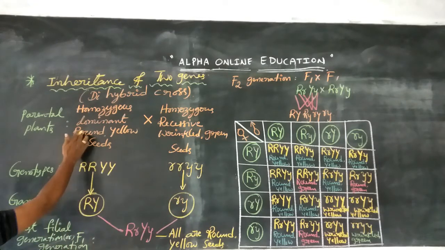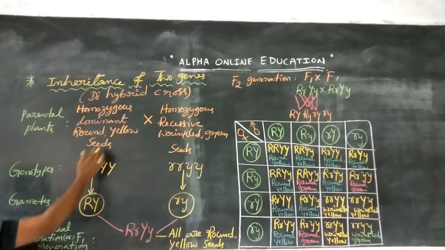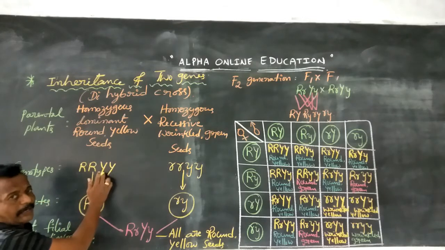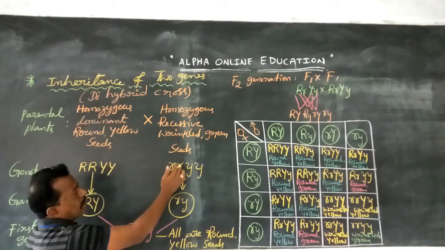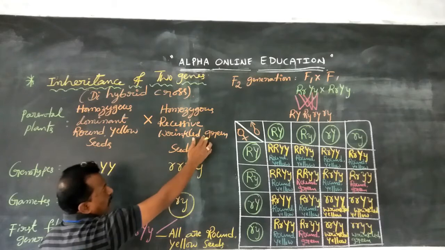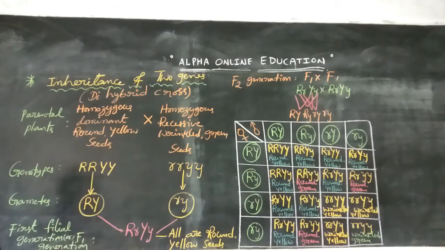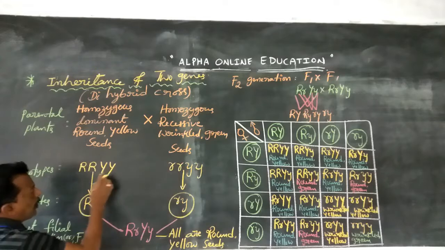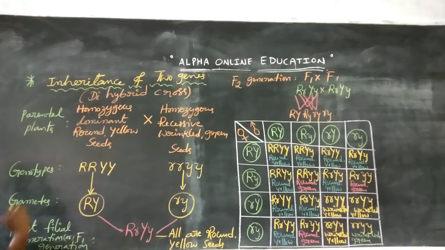That is, round is symbol capital R, yellow is symbol capital Y, wrinkled is symbol small r, green is symbol small y. So both these plants produce similar types of gametes.